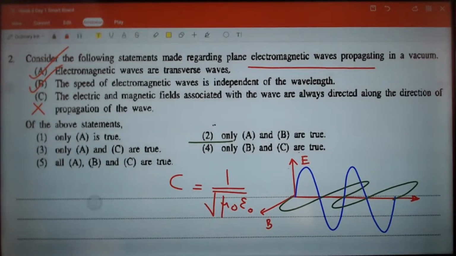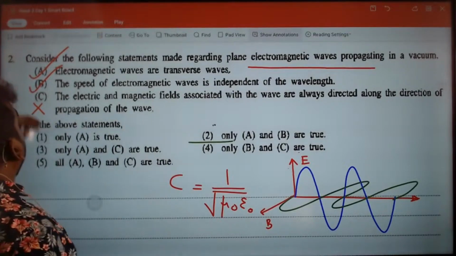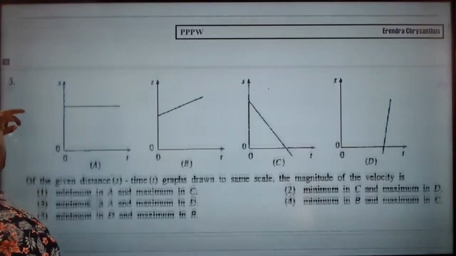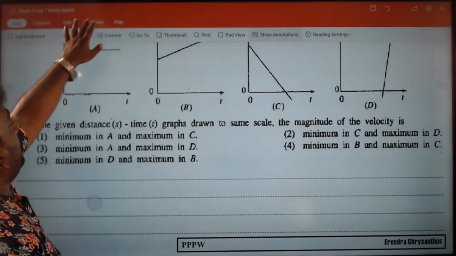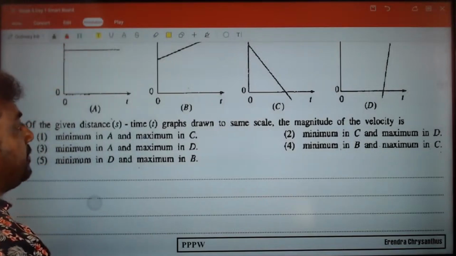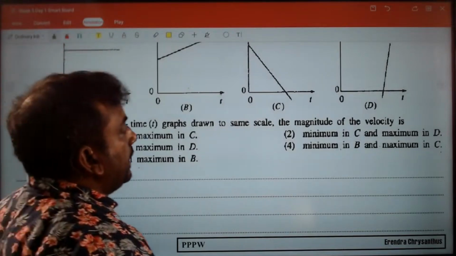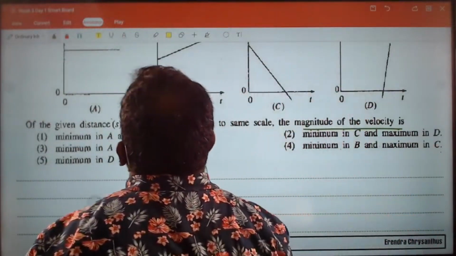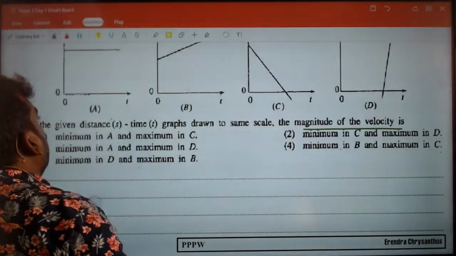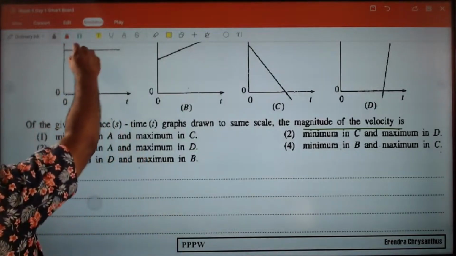Next one. Have a look. For the given distance-time graph, what is the magnitude of the velocity? Now here the gradient is 0, so velocity is 0.